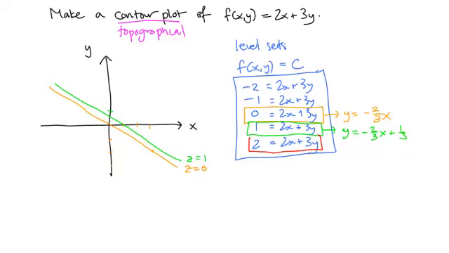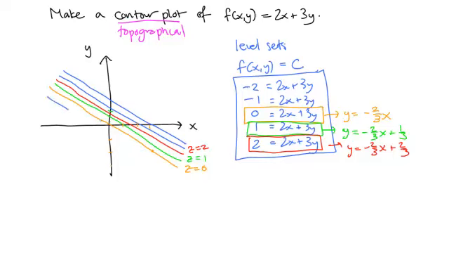If we took a look at this trace right here, then we would get y is equal to -2/3 x plus 2/3. It's a line parallel to the first line with a y-intercept of 2/3. In fact, it should be kind of obvious now that every single one of the level sets is just going to be lines parallel to the original lines.